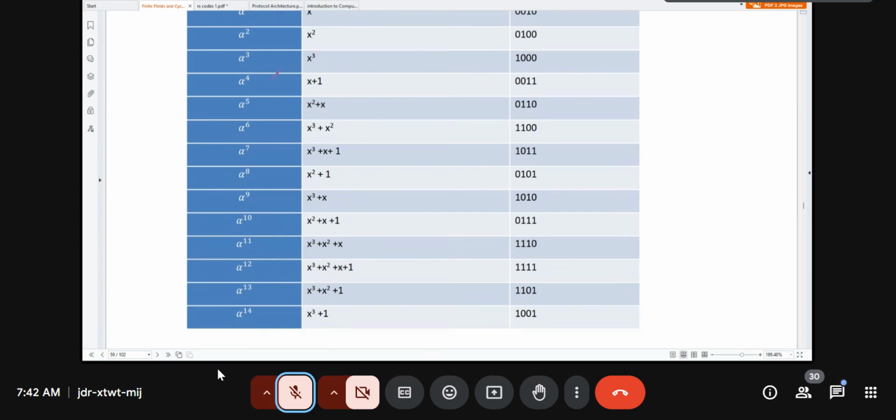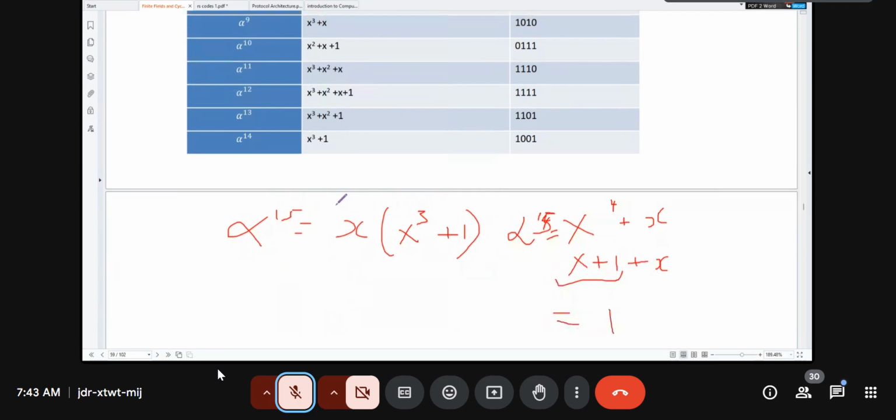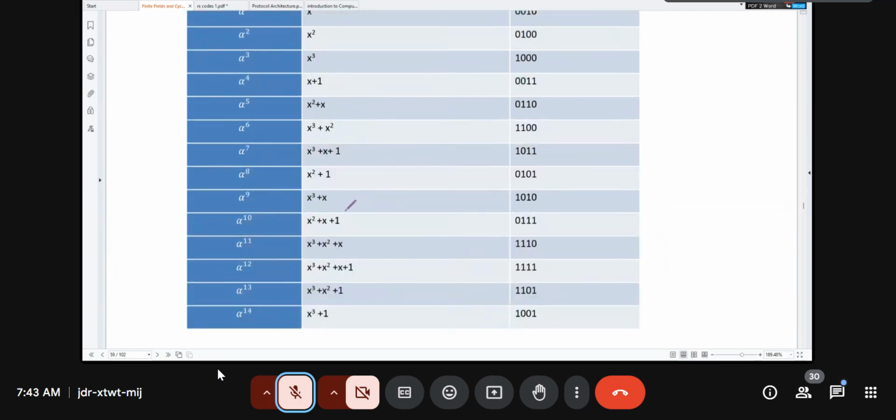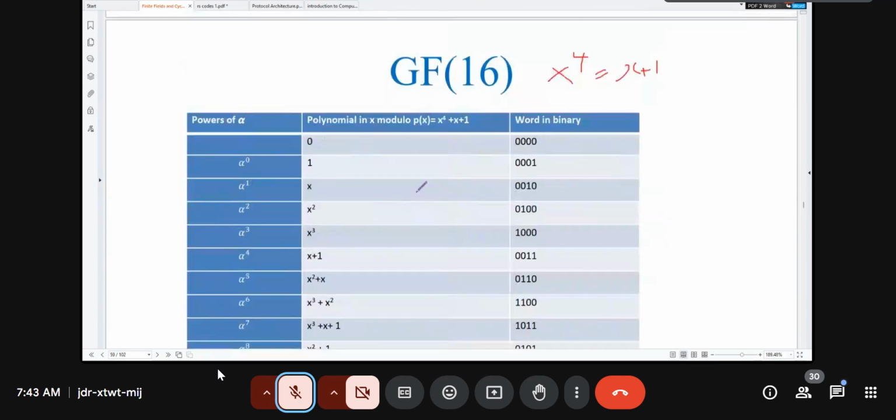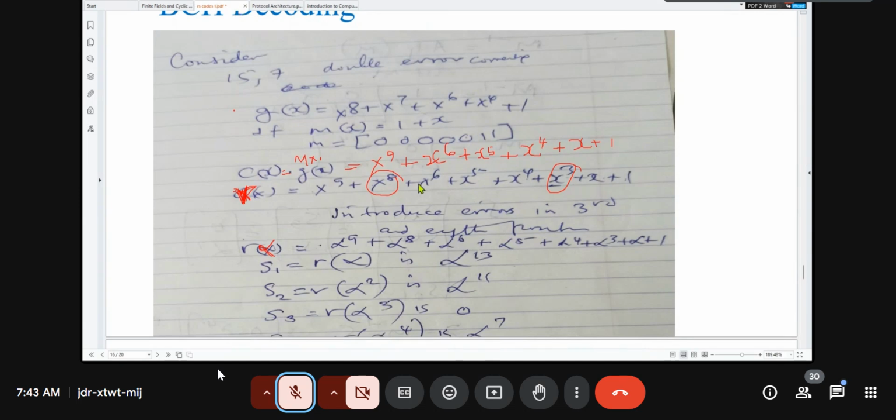If you go to this table, you'll be able to see that this works out to 0 if you replace this with alphas.